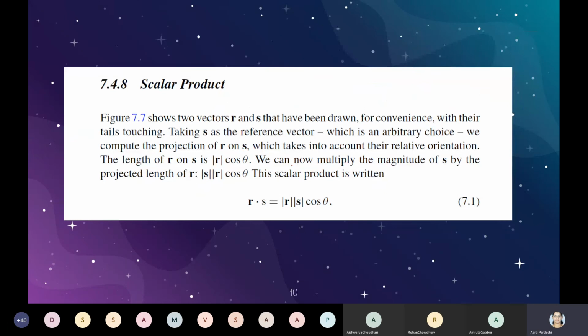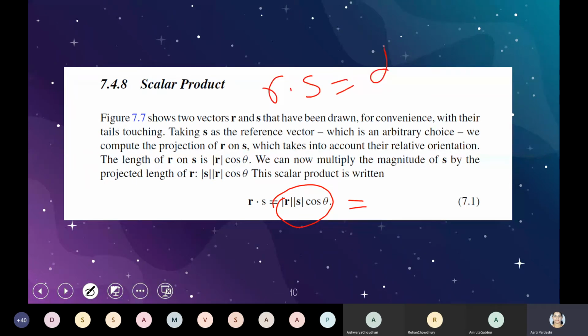Now we are going to see the scalar product, which you also know as the dot product. We will see its proof and we are going to prove something. We know this concept that R into S means R dot S, which is also known as the dot product or the scalar product. As the name suggests, scalar product.